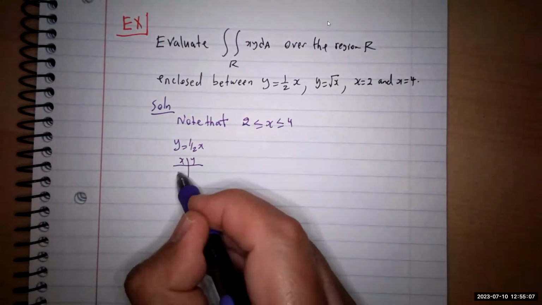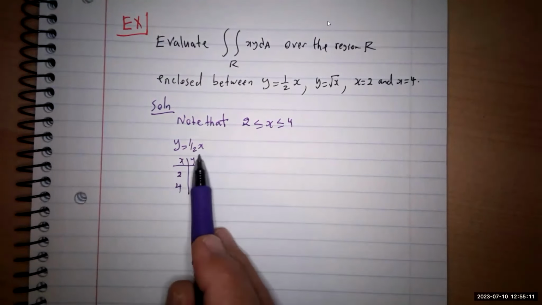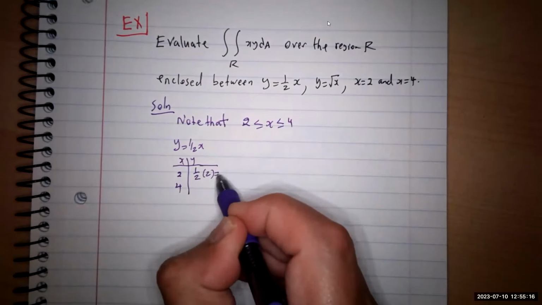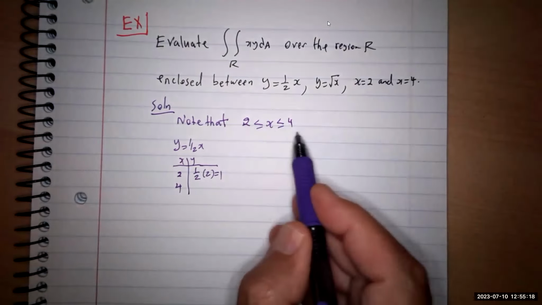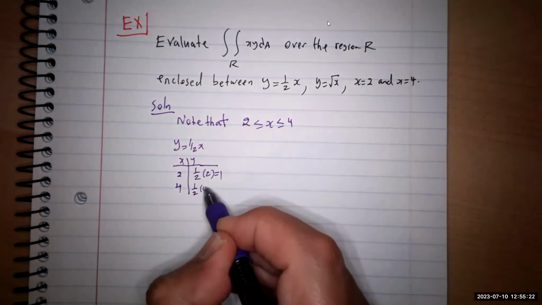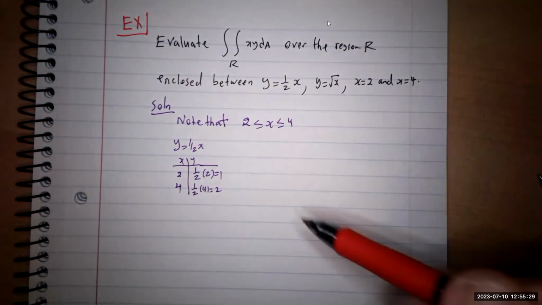So I go with the 2 and the 4 to see what's going on. If I put the 2 here, 1/2 times 2 would give you 1. If you put the 4 here, 1/2 times 4 gives me 2. So this is roughly what I have for the region.